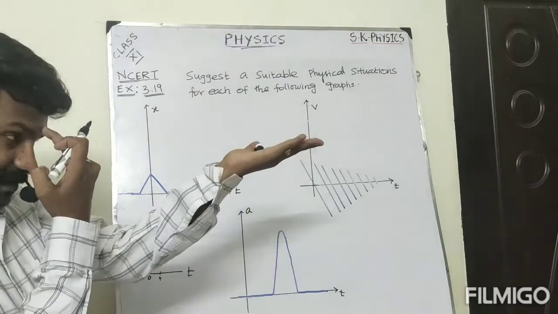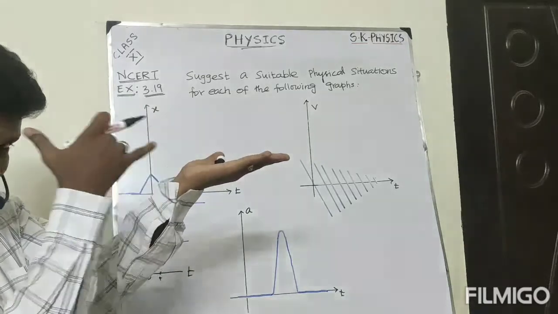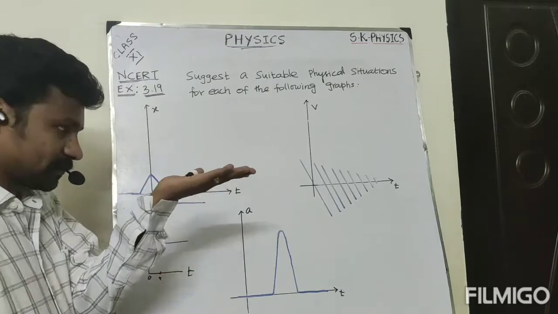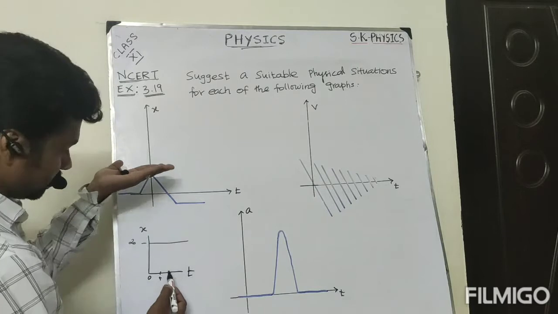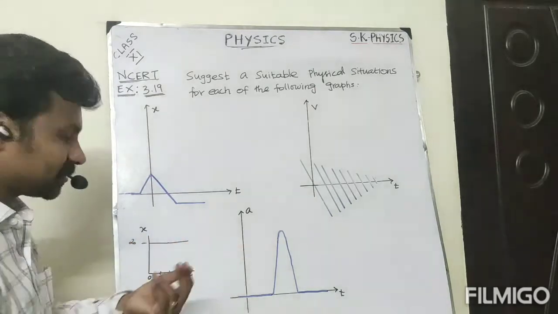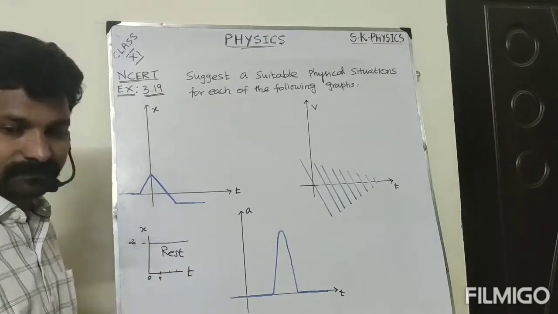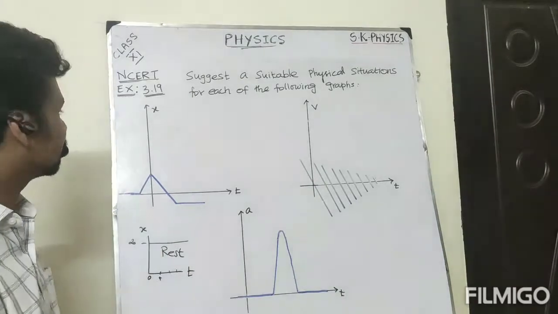This is the origin. From the origin to here, for example, 20 centimeter. So 5 minutes, 20 centimeter only. Then 10 minutes, 20 centimeter. 15 minutes, 20 centimeter. So what is the meaning? The object is at rest position.